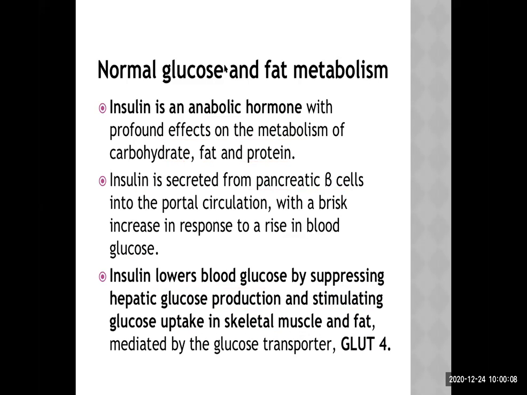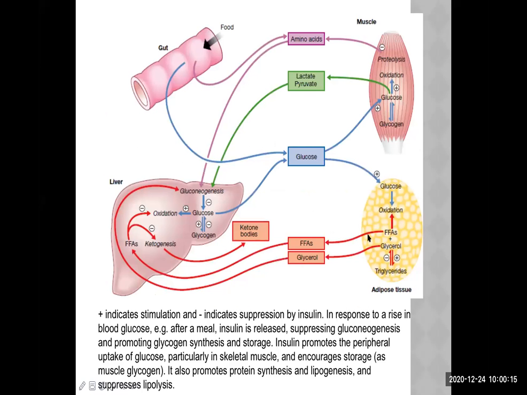Let's move on. Now, all of this concept is provided again by this slide. To understand this, you need to see here, the plus sign means stimulation and the minus sign means suppression by the insulin.